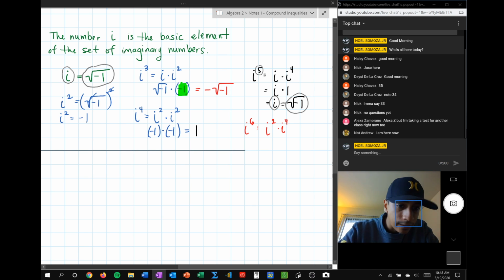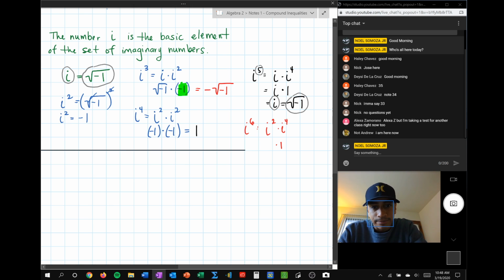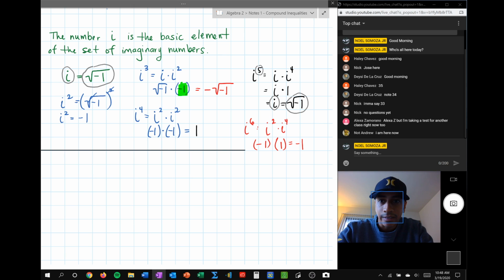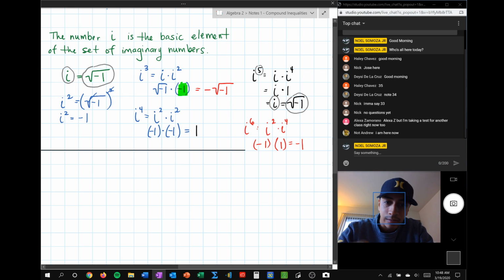Well, i to the 4th, isn't that just 1? And what do you know about i squared? Isn't i squared -1? So what are you getting? -1. Isn't that the same thing as i squared?